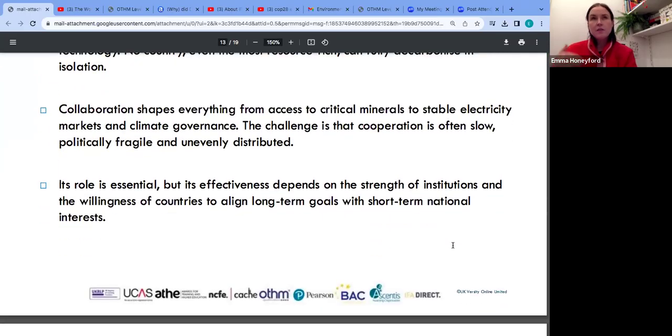Again, if we go back to the definition of sustainable development, looking after the needs of the present without compromising the needs of the future, I always think it's important to go back to that definition when we're thinking about the energy transition and how countries think about short-term interests and long-term goals.